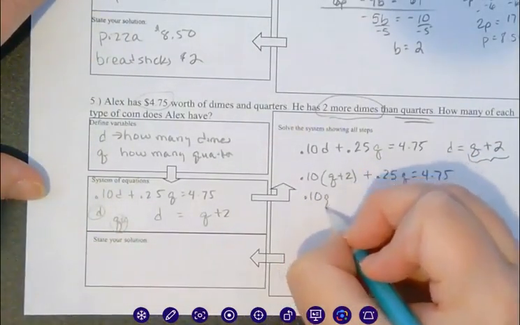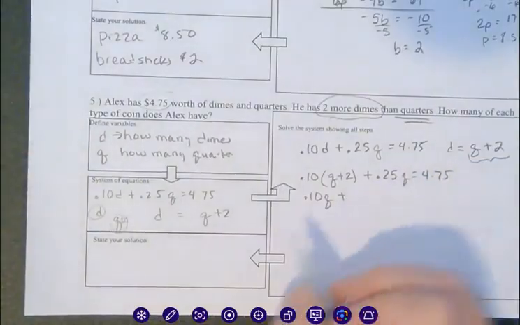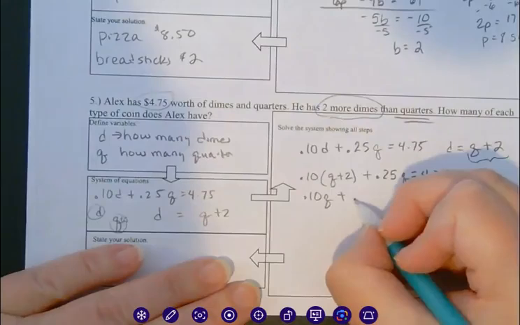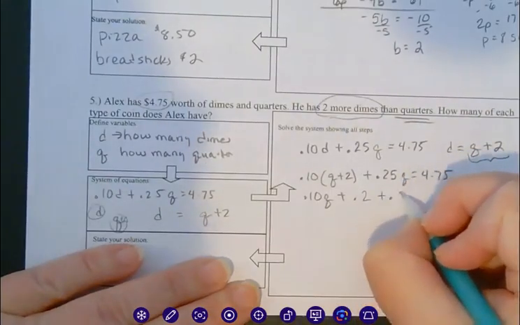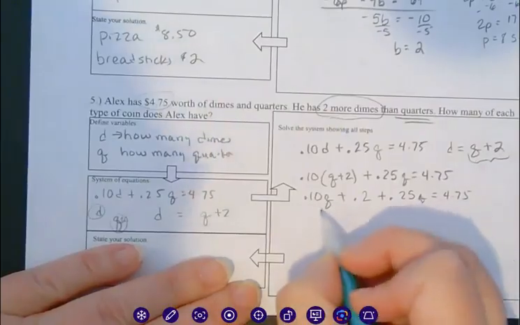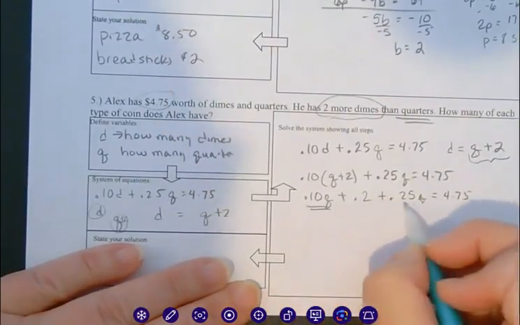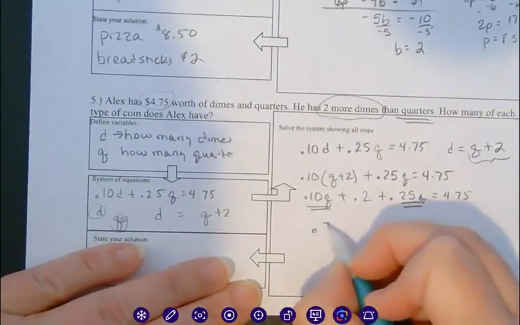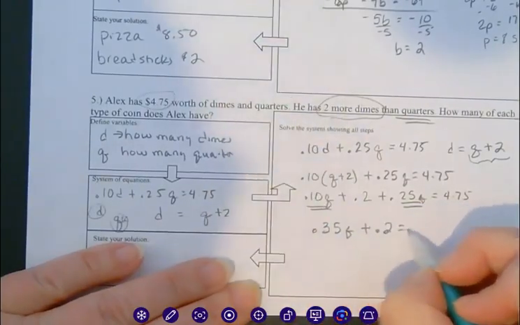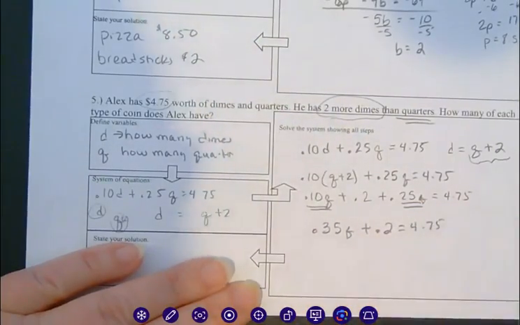So 0.10Q plus, and 2 times 0.10 is 0.2, plus 0.25Q equals 4.75. I have like terms here. 0.1Q and 0.25Q is 0.35Q plus 0.2 equals 4.75.